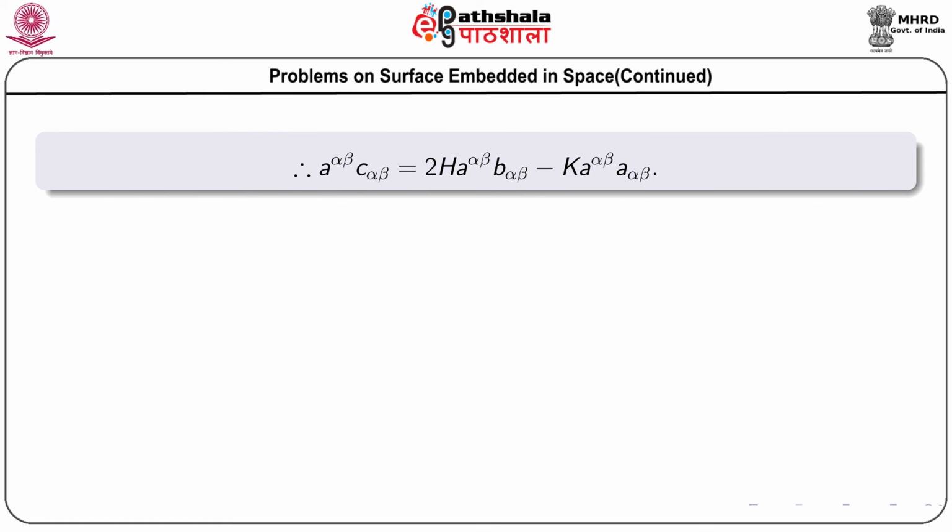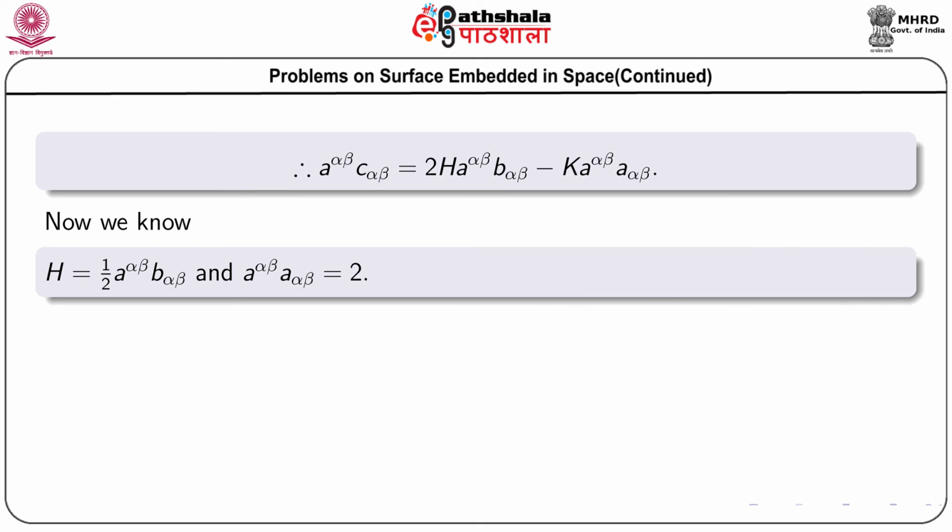Now, taking inner product with A upper alpha beta, that is the reciprocal tensor of A alpha beta, on both sides we have A upper alpha beta C alpha beta equals twice h A upper alpha beta B alpha beta minus k A upper alpha beta A alpha beta. Now, we know that the mean curvature is equal to 1 by 2 A upper alpha beta B alpha beta, and A upper alpha beta A alpha beta is equal to 2.